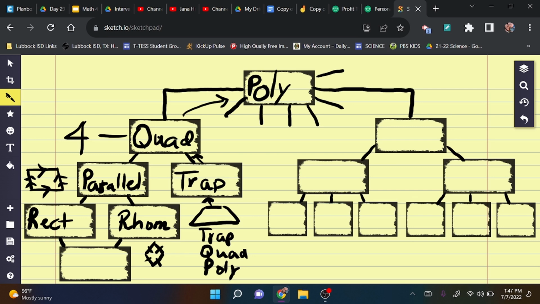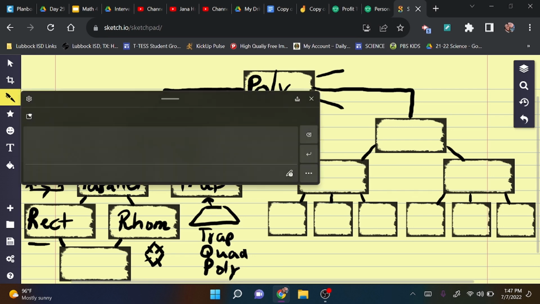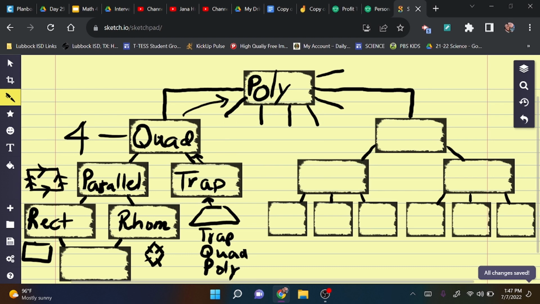Now let's look at a rectangle. And our rectangle is also a parallelogram because these sides are parallel and these sides are parallel. So a rectangle is a rectangle. It's also a parallelogram.